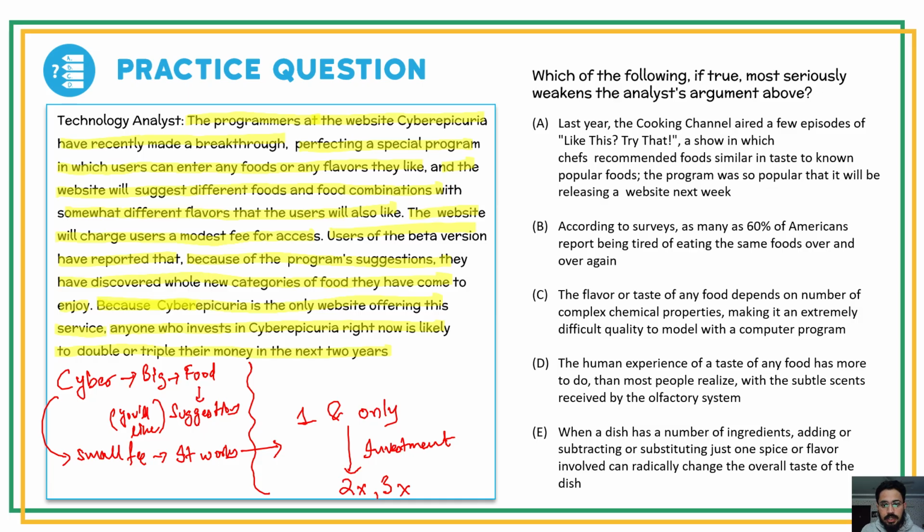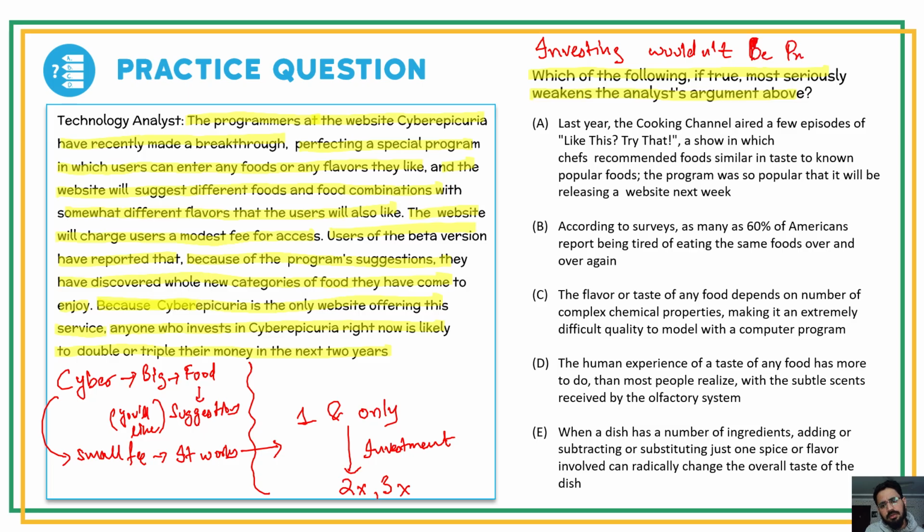So the question is, which of the following, if true, most seriously weakens the analyst's argument above? So what could it be? Investing would not be profitable, wouldn't be a good idea.